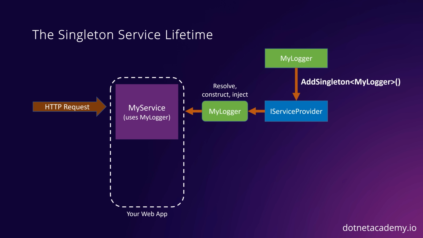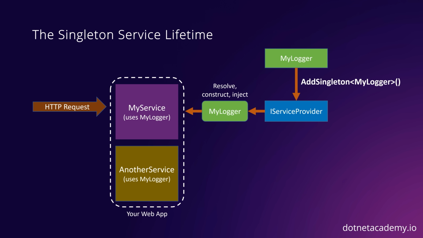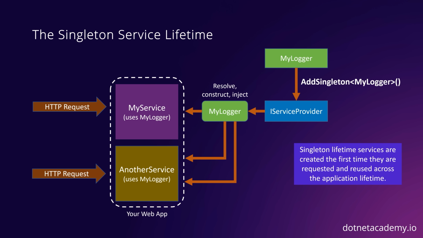And if there is any other service that participates in that same HTTP request and that also has a dependency on my logger, it will receive the exact same instance of this dependency. But furthermore, if a new HTTP request arrives, the service container will once again provide the same instance of my logger to any of the classes that request it. And it will keep doing so until the application is shut down. So, singleton lifetime services are created the first time they are requested and reused across the application lifetime.